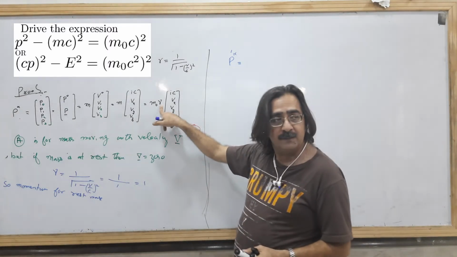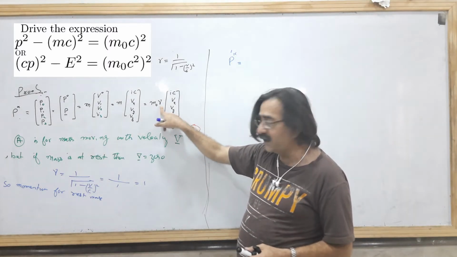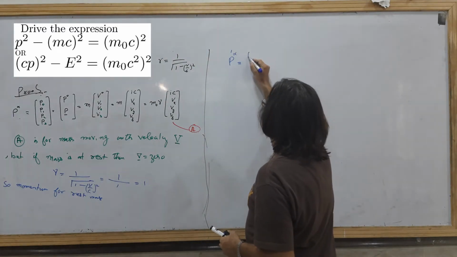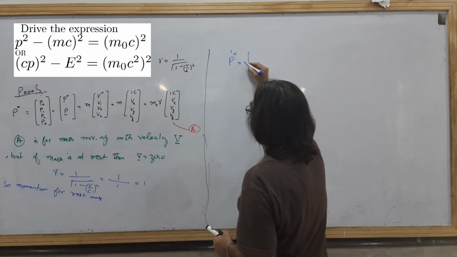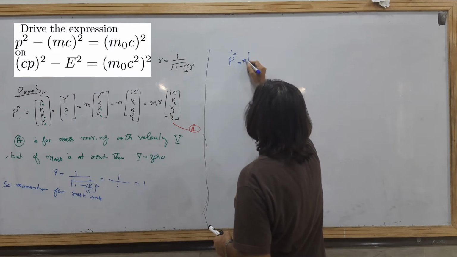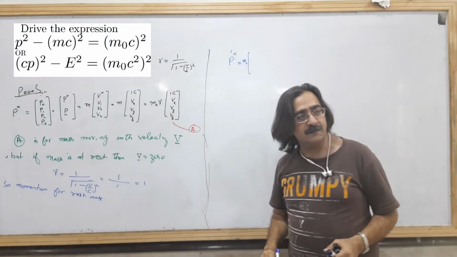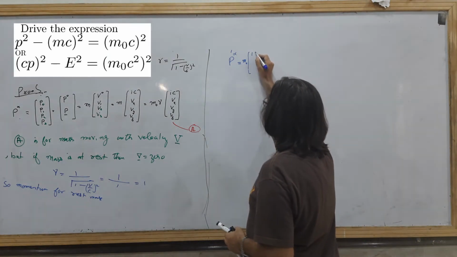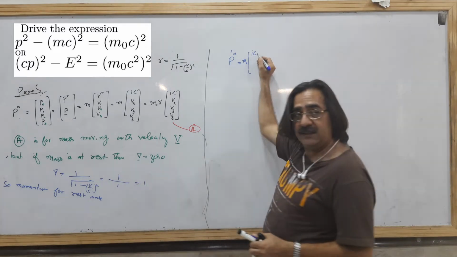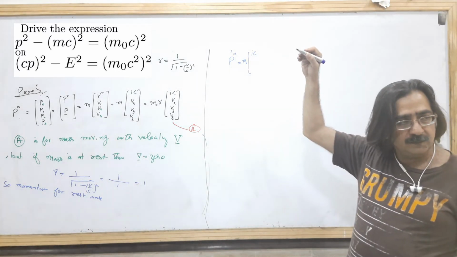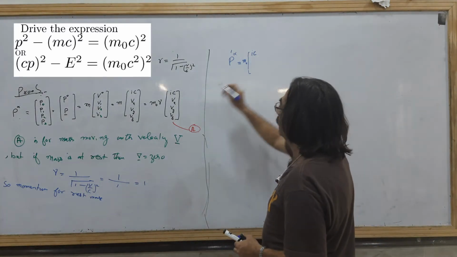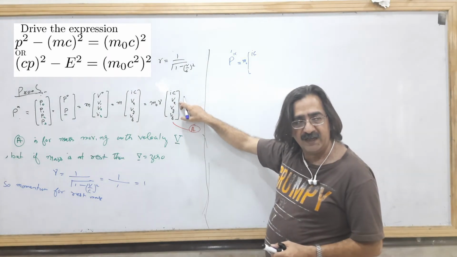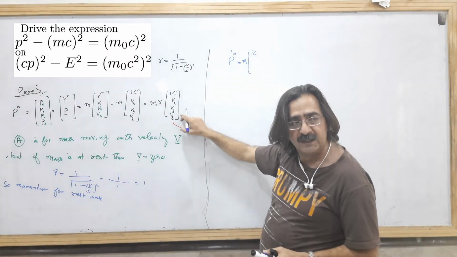Then gamma will become 1. Then P alpha will be equal to m naught, iota c, where iota means the square root of minus 1, and V is 0, then its components will also be 0. Vx will be 0, Vy will be 0, Vz will be 0.